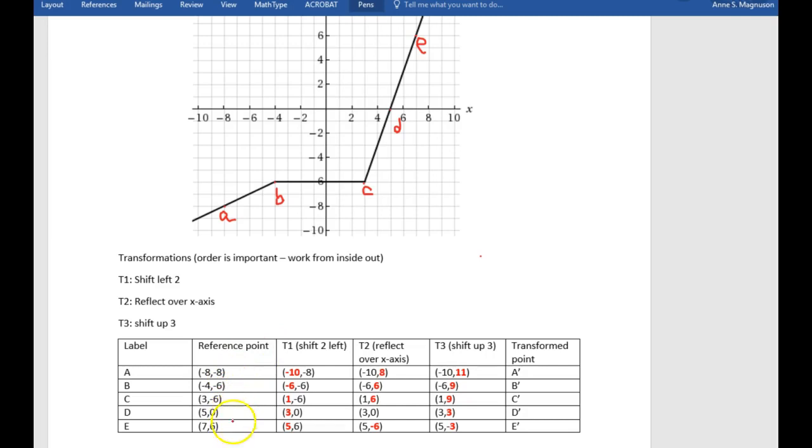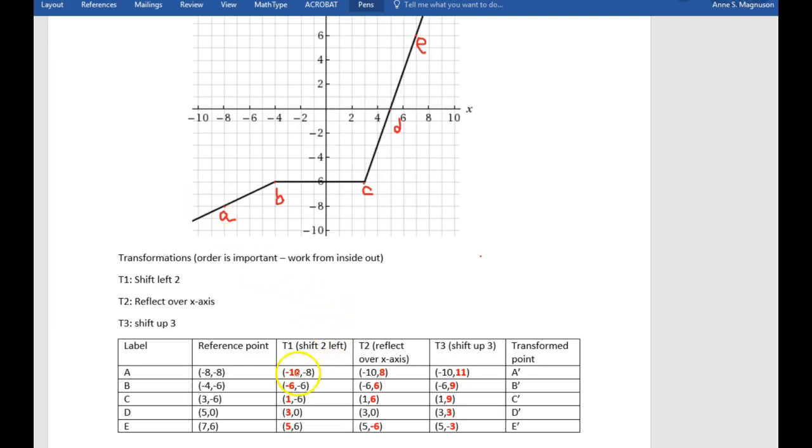So I put each reference point in my table. And then I'm going to look at what would happen when I shift that reference point to the left 2. If here I'm at minus 8, 8, and I shift 2 to the left, I'm at minus 10, 8. So nothing happened to the y-coordinate, just the x-coordinate.